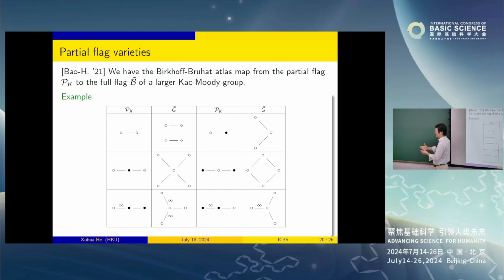For the partial flag we still have these pairs of elements V and W, and then we want to cook up a larger element, a single element in the Coxeter group of this larger Kac-Moody group. And so this corresponds to Richardson and projected Richardson varieties in part of the Schubert cells.